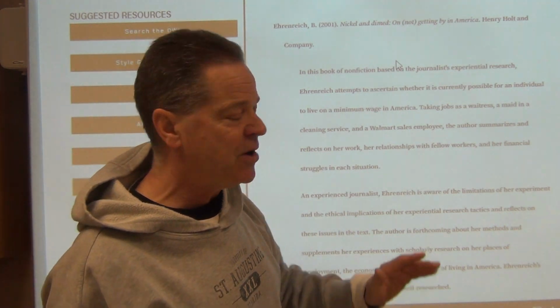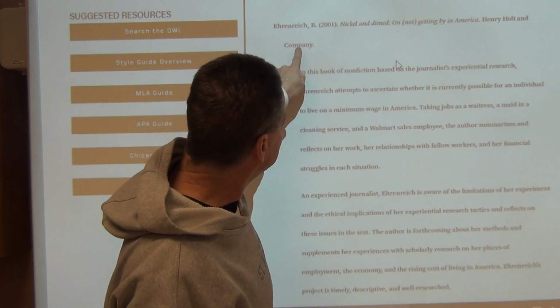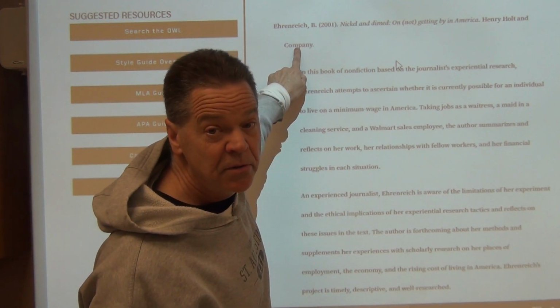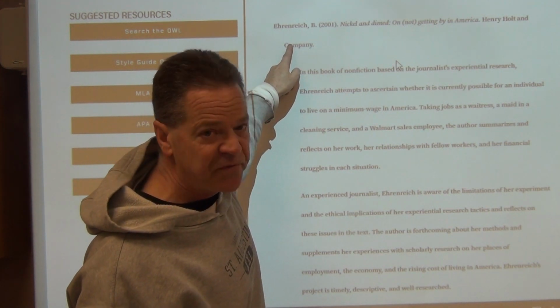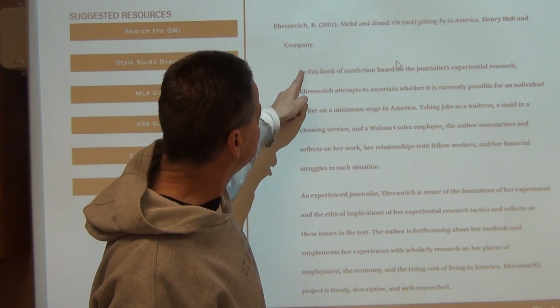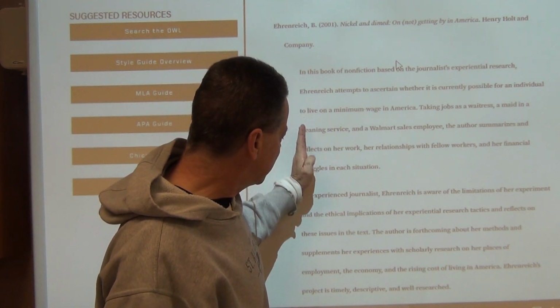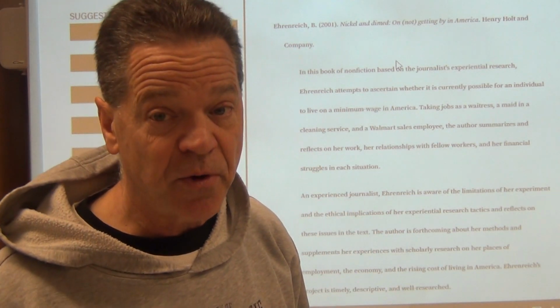Your annotation paragraph should be indented another 5 spaces underneath this one right here. So you're coming in 5 spaces for every line after the first line of the citation, and then you're going to come in another 5 spaces for all of the annotation paragraph.